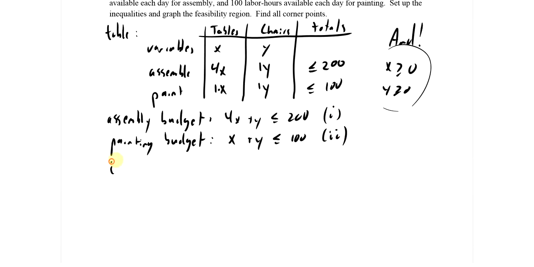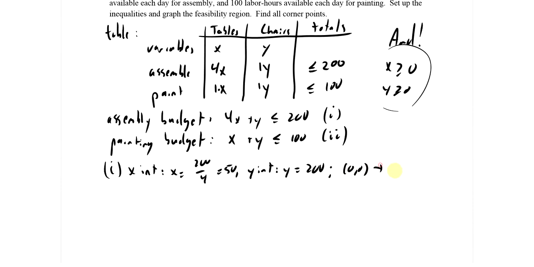So for equation 1, usual deal, x-intercept 200 divided by 4, 50. Y-intercept is y equals 200. If you plug in 0, 0, my test point, you get 4 times 0 plus 0, which is less than or equal to 200. That's good. 0, 0 is on the correct side.